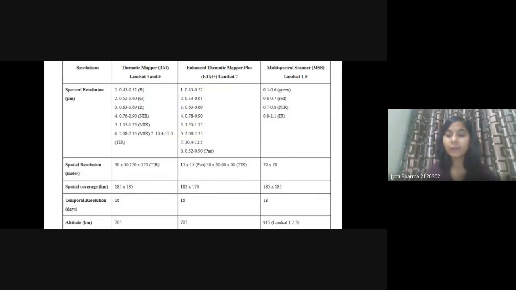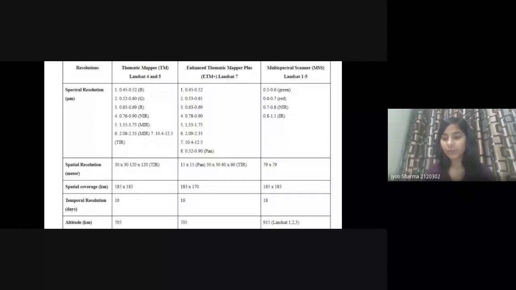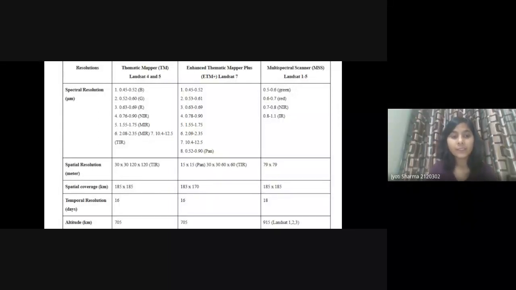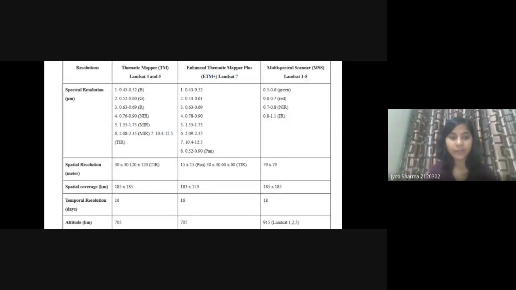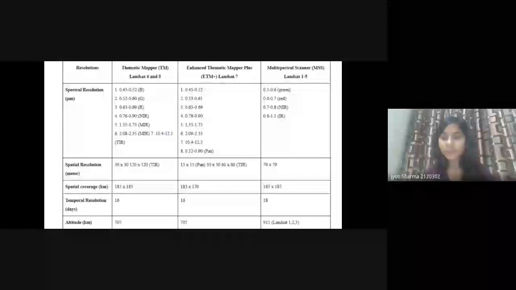The higher the number of bands we have within an image, the better the image quality will be for the information we want to get. Okay, the spatial resolution is the size of the pixel box, its length and breadth. Here we can see it is 30 by 30, and in one satellite image we can also have different types of spatial resolution.